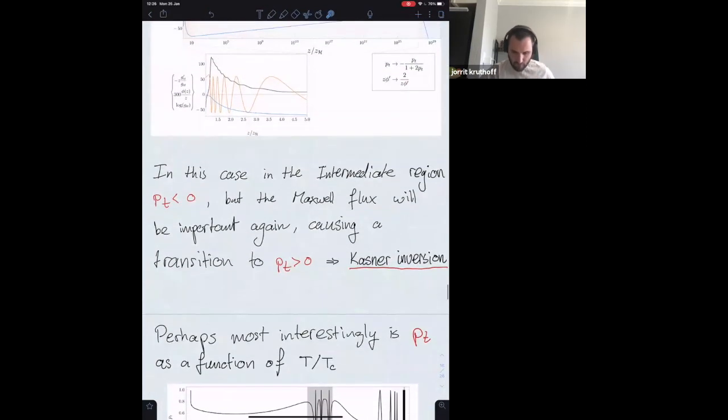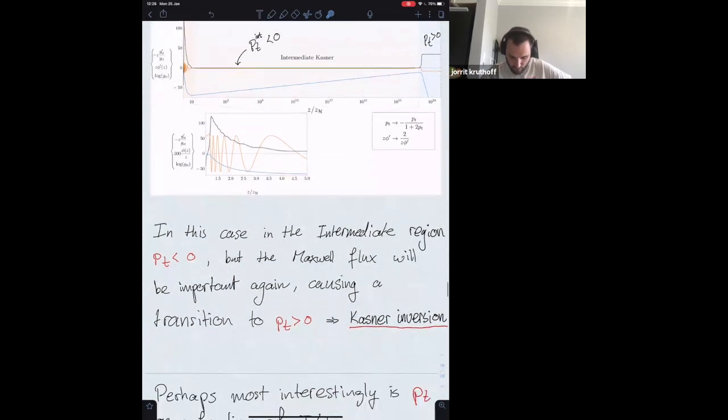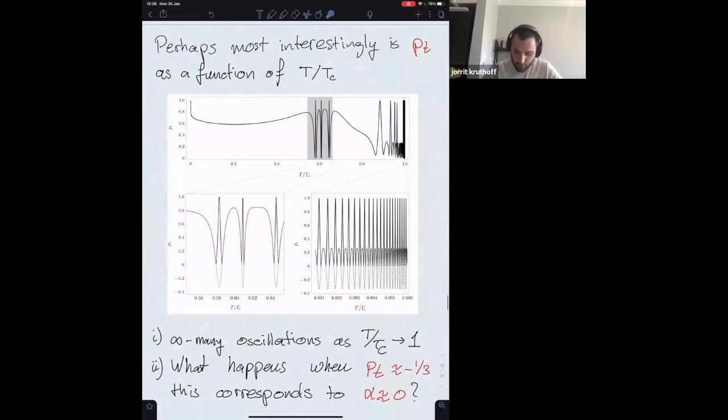Okay, so I told you that there's a very sensitive dependence on the temperature. So let me show you what happens when we study this Kasner exponent PT as a function of the temperature.